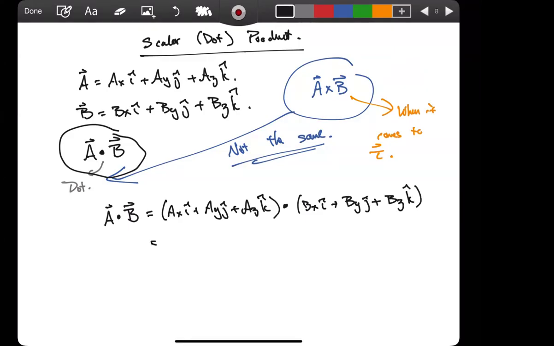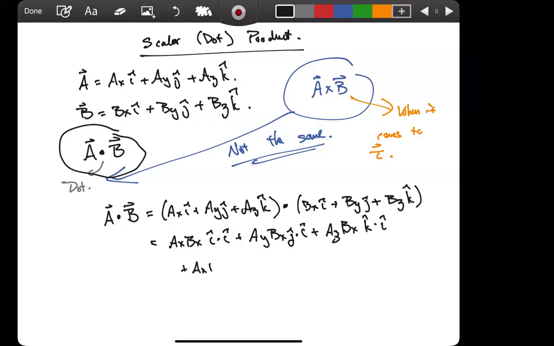Now, let's write all this out. This is going to become AX times BX times I hat dotted with I hat, plus AY times BX times J hat dotted with I hat, plus AZ times BX times K hat dotted with I hat, plus all the other cross terms.